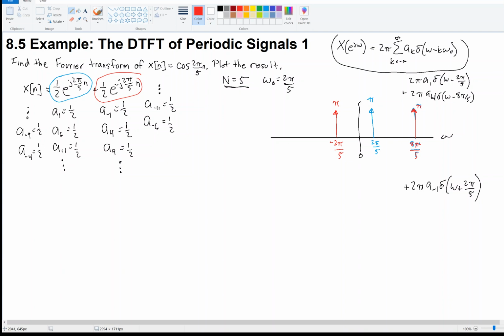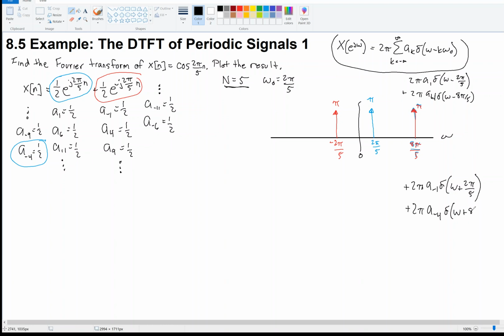Okay, so the k minus 2 term, no, we don't have that. The minus 3 term, no. Minus 4 term, the minus 4 term is over here, right? So that comes from this sinusoid. That came from this sinusoid, so we're going to do it in blue. So that's the k equals minus 4 term. So we would have A minus 4 delta of omega, then plus 4 times 2 pi over 5.